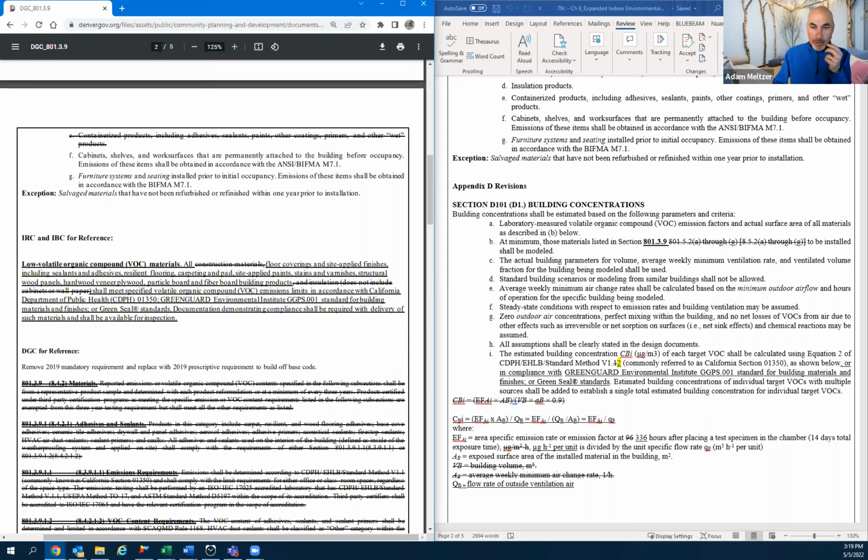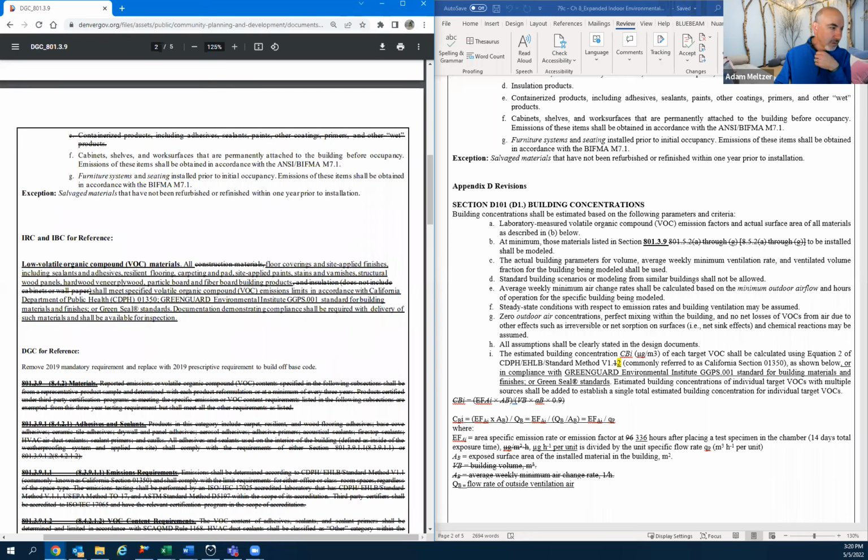In other words, is FloorScore in flooring, and the South Coast Air Quality Management District for paints and coatings and adhesives and sealants, are those in those specific categories? And is that why we only have Green Guard Gold in the low volatile organic compound section? I know it's complicated.